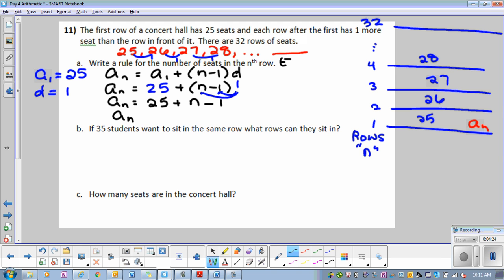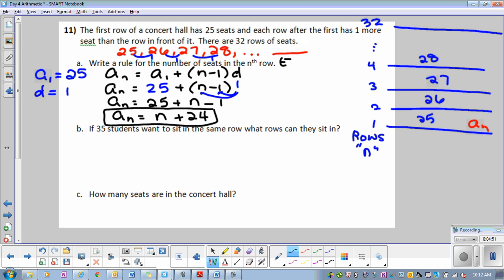And then you have a sub n equals n. What's 25 minus 1? You've got to combine like terms, right? 24. So that right there, that is my formula for the nth term.